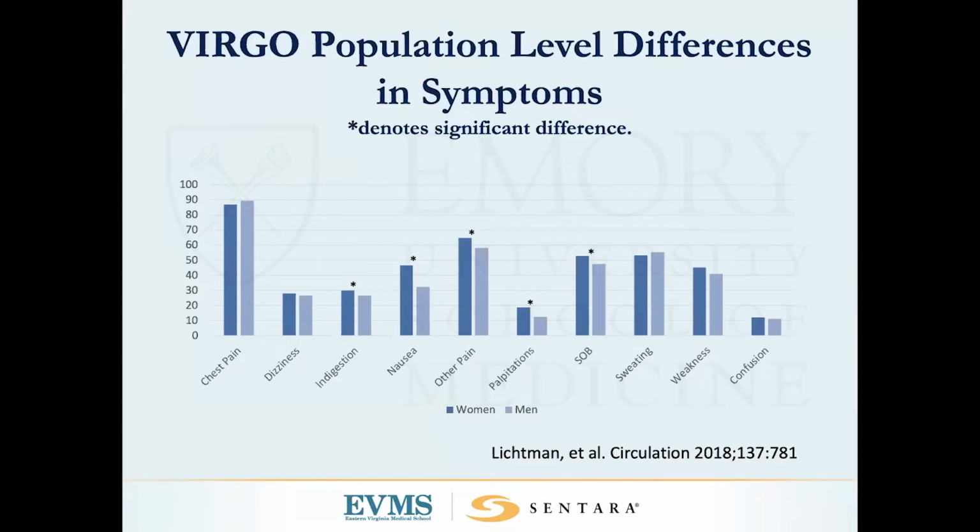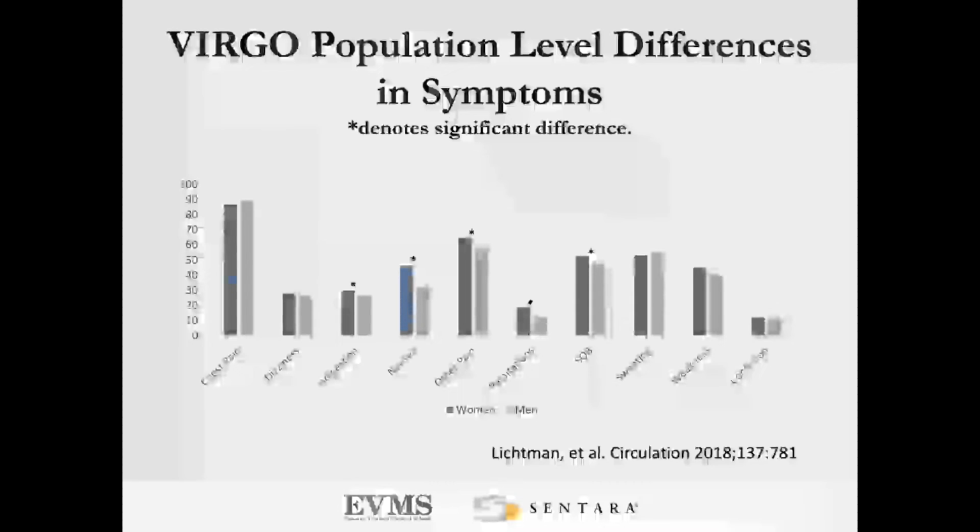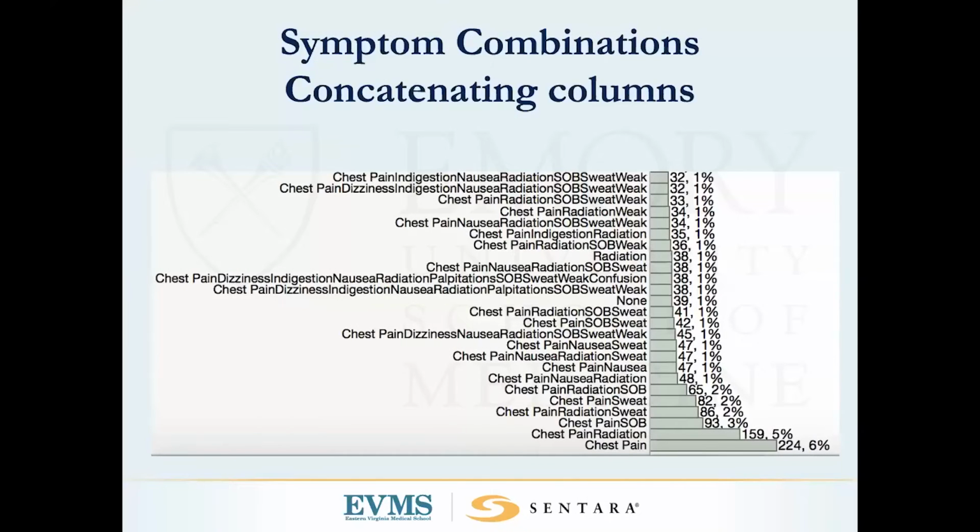Whereas in a number of other studies, indigestion, nausea, radiating pain, shortness of breath, and palpitations were all more common in women at the population level.